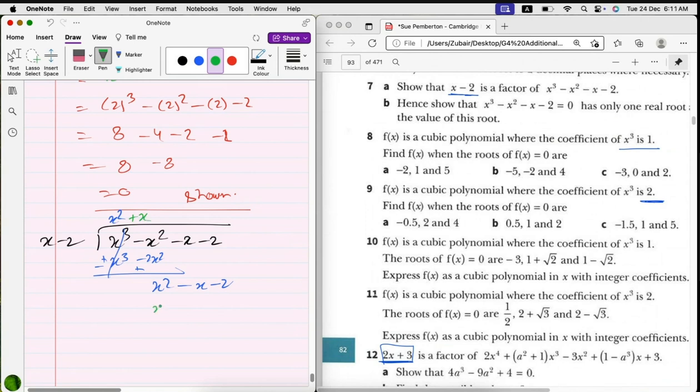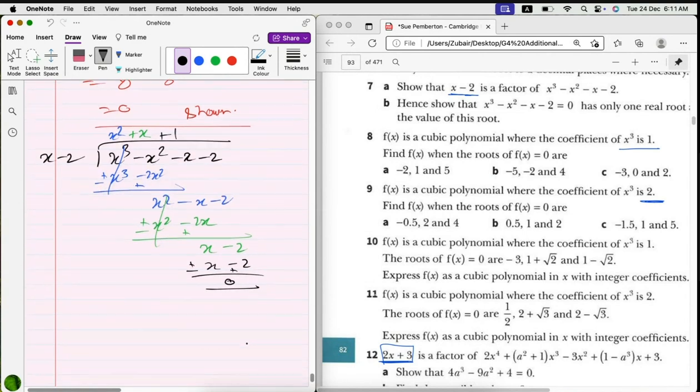Then x gives x square minus 2x, and this is x minus 2. With plus 1, x minus 2, signs changed, and the other factor is x square plus x plus 1.